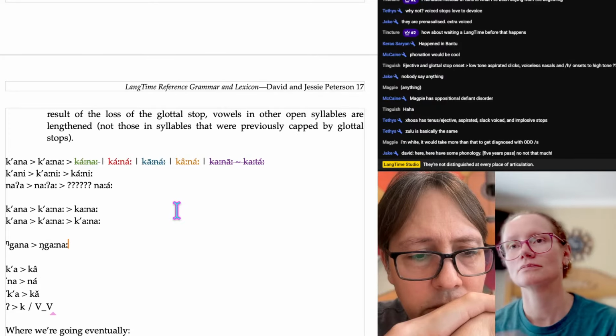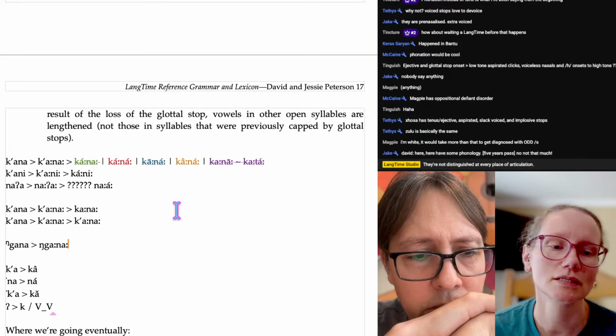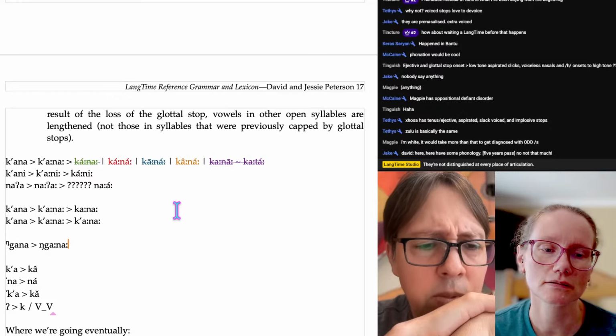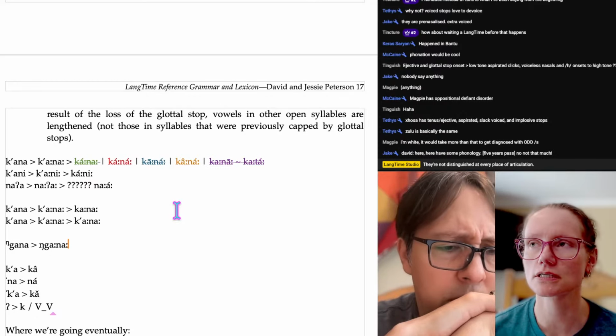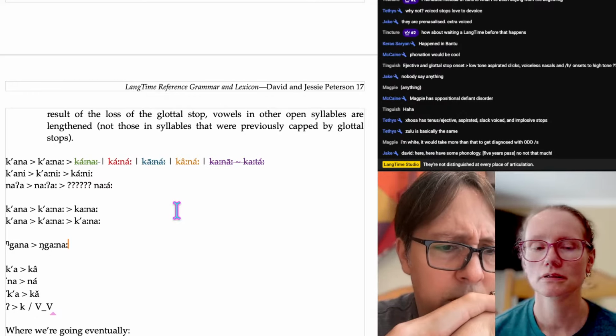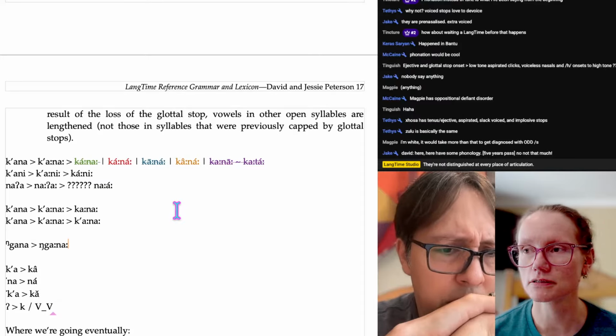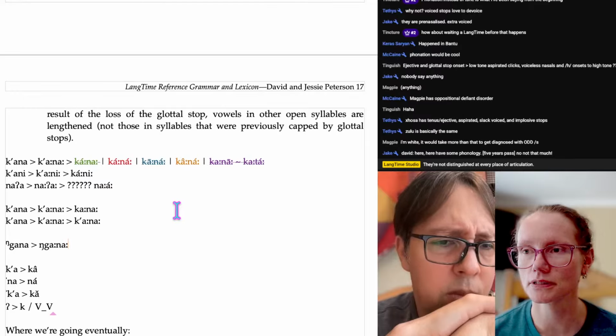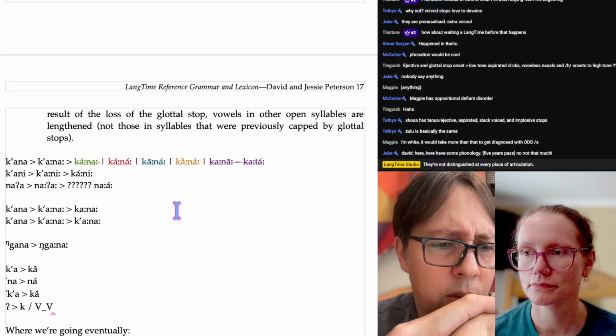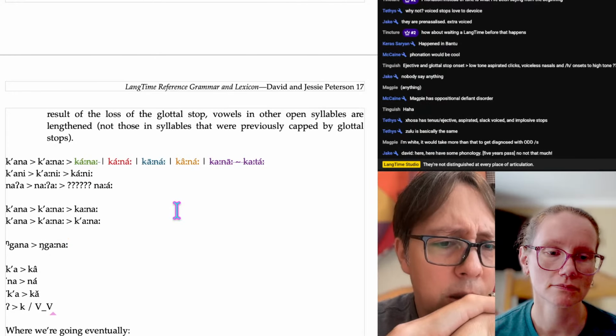Okay. What if we did a rising, falling, and then high tone? So stress assigns high tone. Adjective normally would give a falling tone, but if it's a stressed adjective syllable, it takes a rising. Where's the low part of it coming in now?